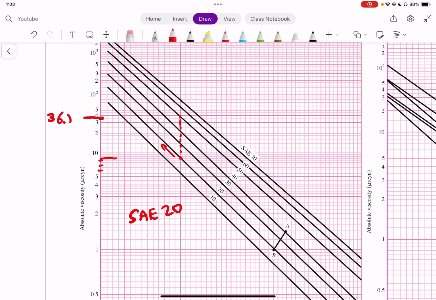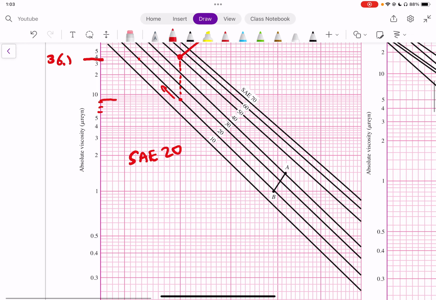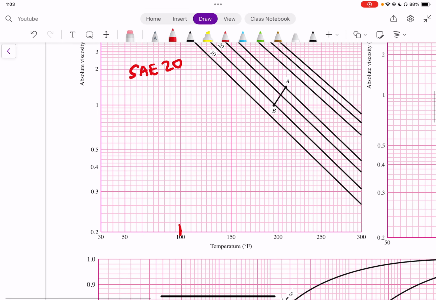So for the oil to be at least the value that we need, a point right here, which would be SAE 50. And if we're going to the left, up, we need a temperature that's at least a value that we get right here. Okay, so the temperature here, if we go down, the temperature would be a little bit below 62 or 63.